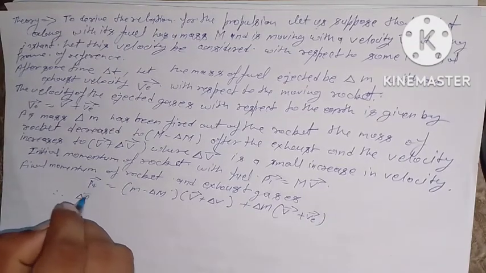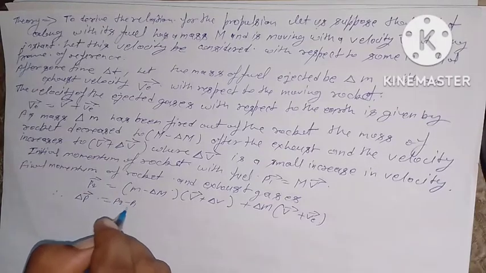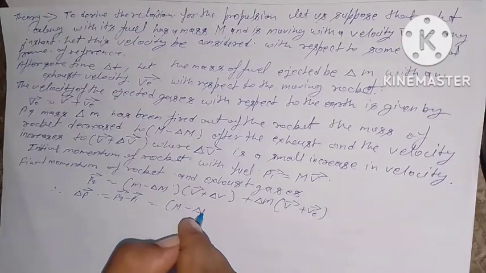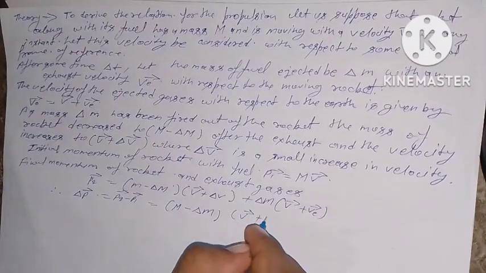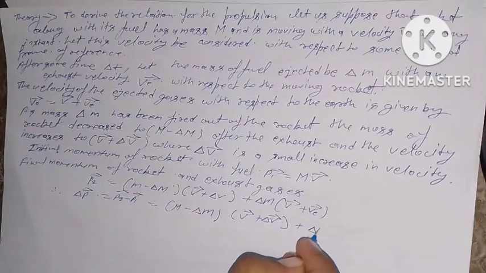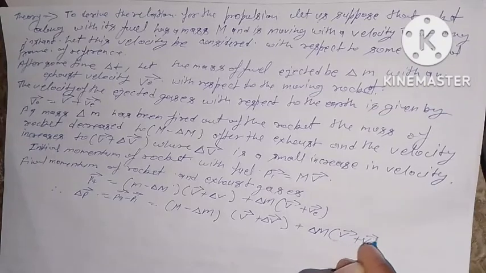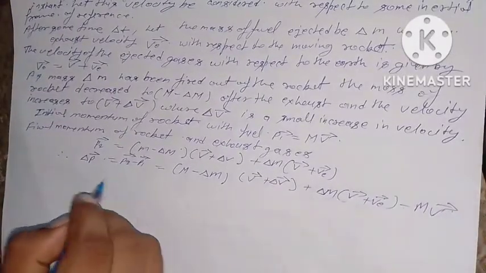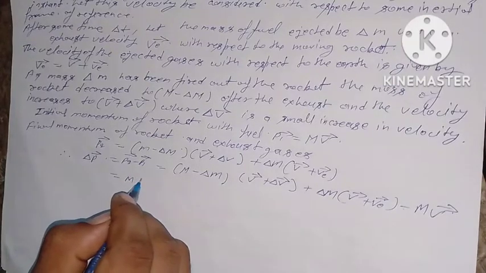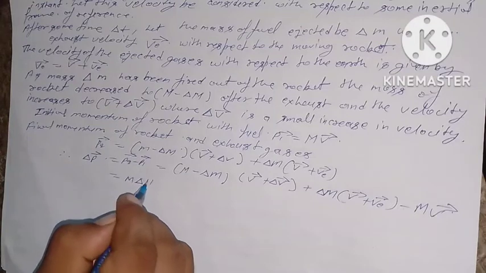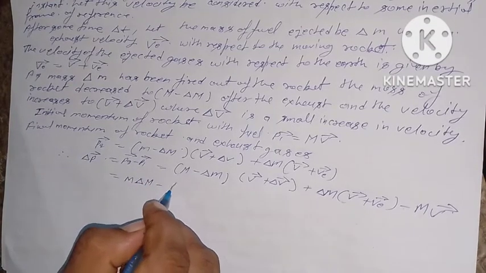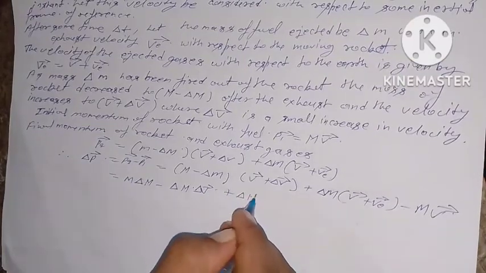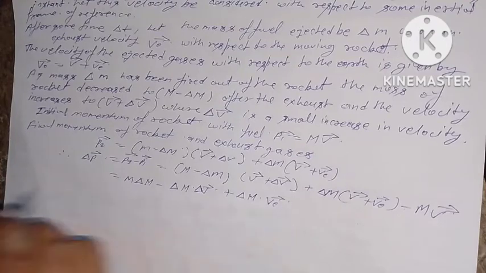So delta vector P equal to P2 minus P1, equal to m minus delta m times vector v plus delta v, plus delta m times vector v plus ve vector, minus mv vector, equal to capital M delta V vector plus delta M VE vector.